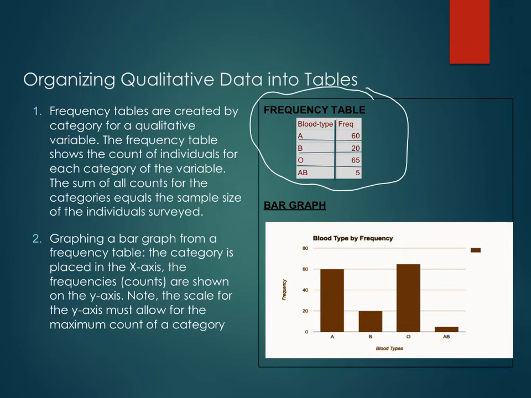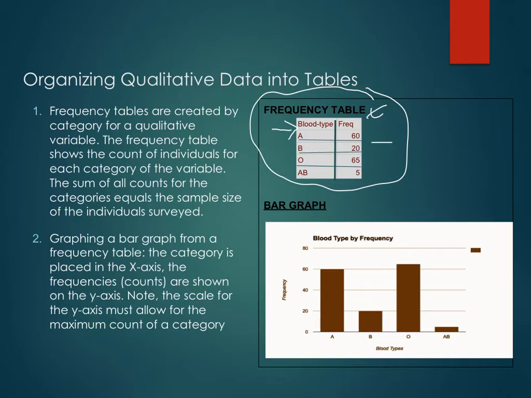In the second column, which is this column here, is our frequency, which counts the number of individuals for each of the categories. In this particular example, we're looking at 150 patients that have been surveyed for blood type. For example, in this table, the A blood type has 60 individuals that had type A blood.